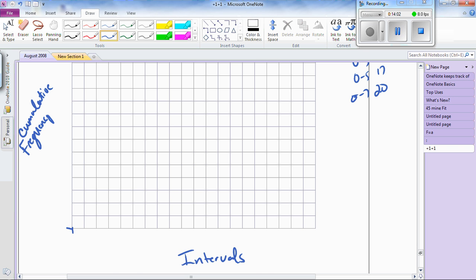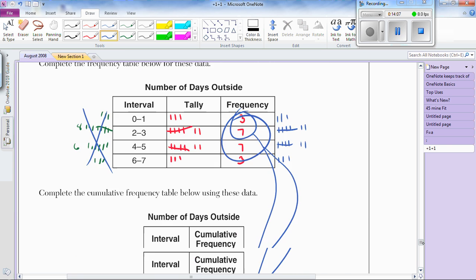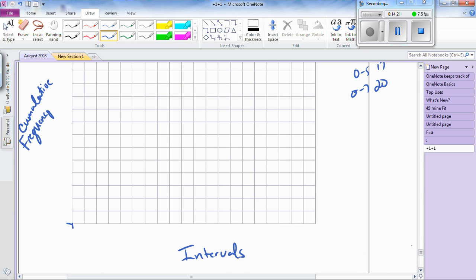I actually don't know what this data is about. Number of days played outside. Alright, so since this does start at 0, I can do 0 to 1, 0 to 3, 0 to 5, 0 to 7.